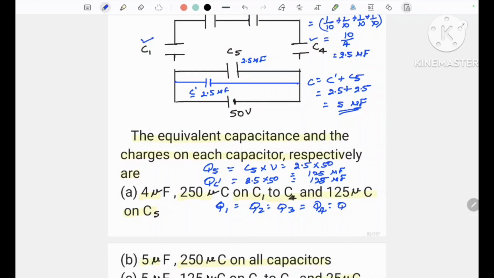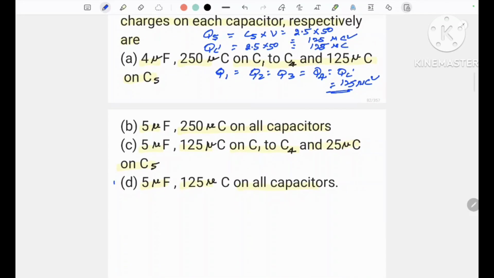That will be equal to QC dash and 125 microcoulomb. तो सभी पर जो चार्ज होगा that will be 125 microcoulomb and resultant capacitance will be 5 microfarad. D is correct option.